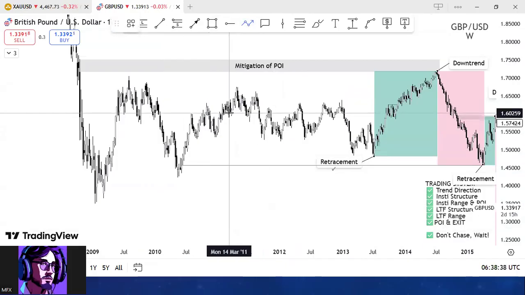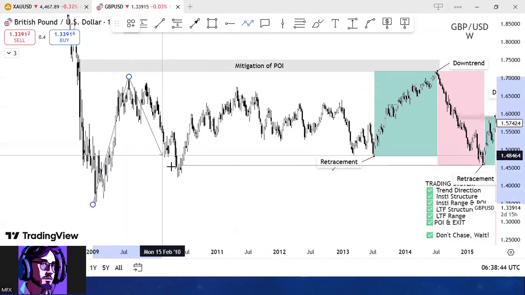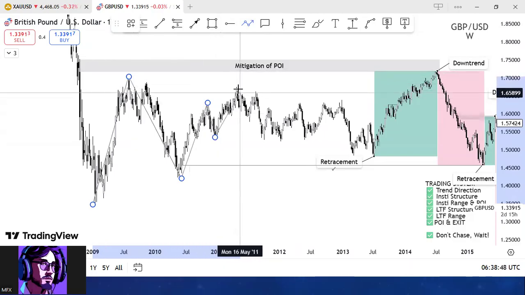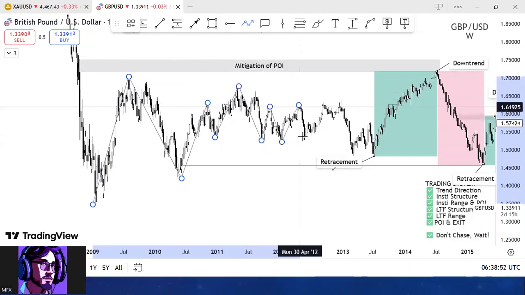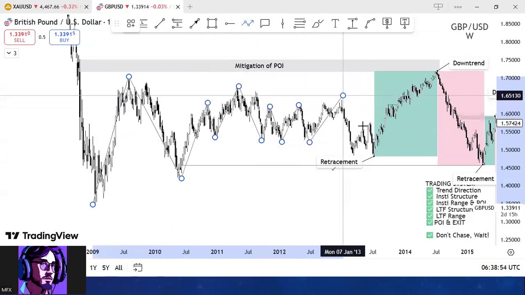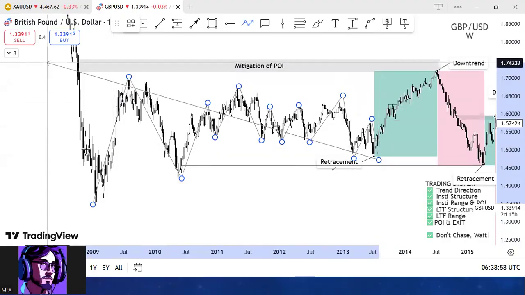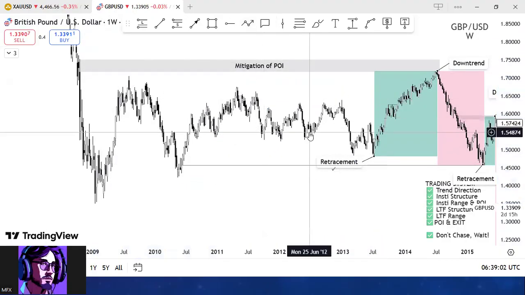And same thing for your sales. But you could see here that this is the current range and there was no break of structure above or below it, and price was just ranging around this for a good amount of time.